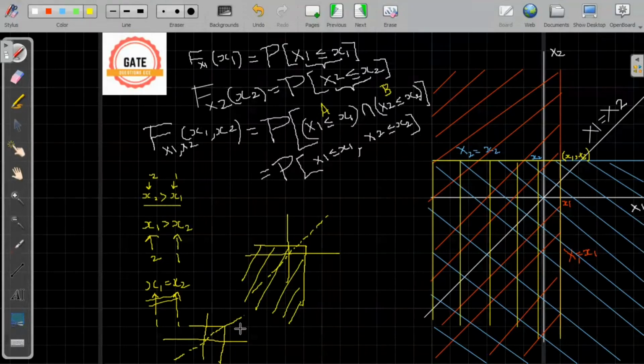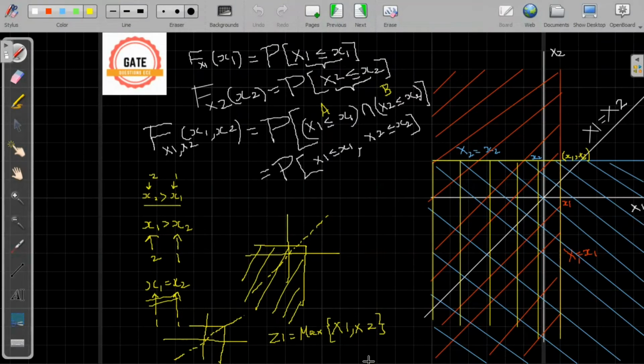So why am I telling you this? Because I will be using one of these three cases in finding the CDF of Z1, which is equal to the maximum of X1 and X2. So now I will use all this information to calculate the CDF of Z1.